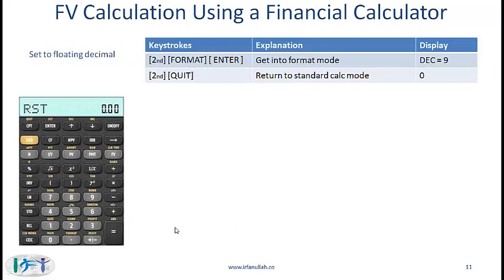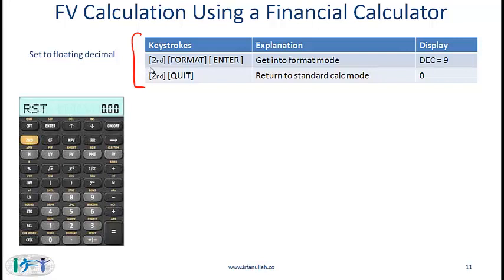Let us now learn how to use the financial calculator, and then we will do a future value calculation using the calculator. The first time you use your calculator, and we'll talk here about the Texas Instruments BA II Plus, you need to set the floating decimal. What that means is, when you set to floating decimal, the calculator automatically gives you the appropriate number of decimal places.